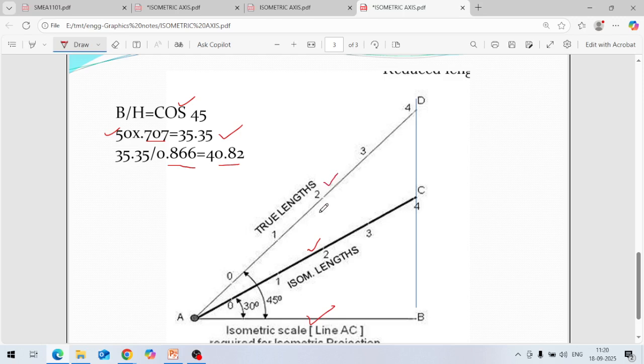So how much is it reduced? It was 50 mm and it has become 40.82. So it is reduced like this.